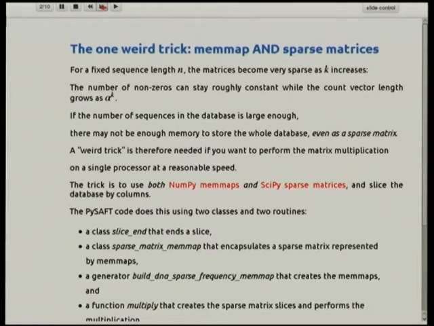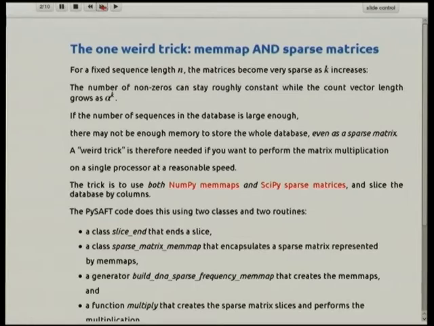Fine. But even so, if you've got a database which is large enough, you want, for example, a column for each of the sequences that you have converted into a count vector. Well, maybe the number of columns is millions, maybe it's billions. It depends on your application.